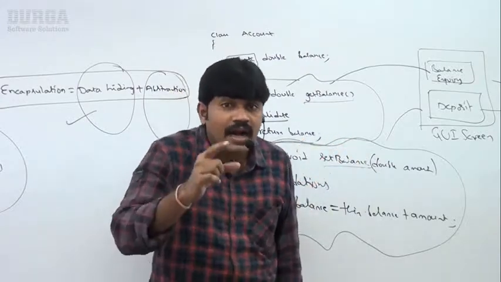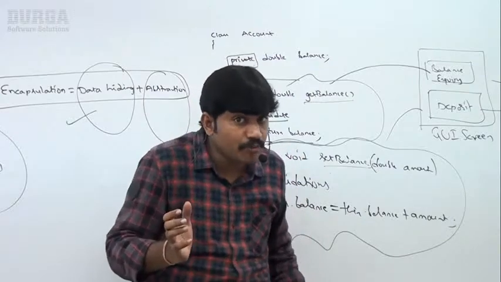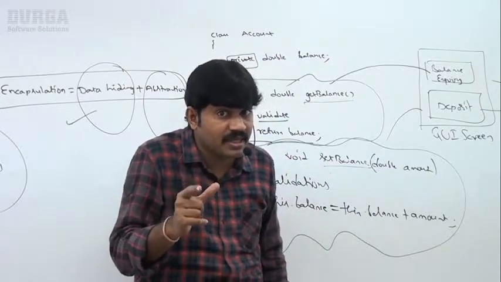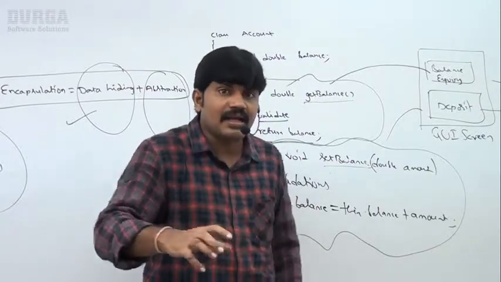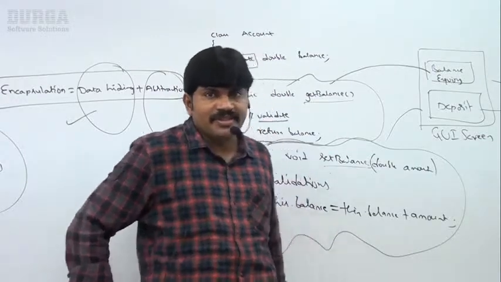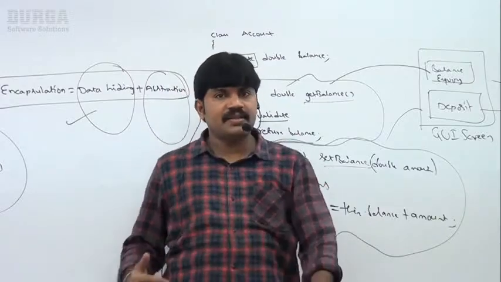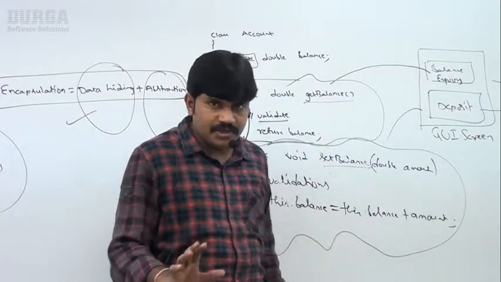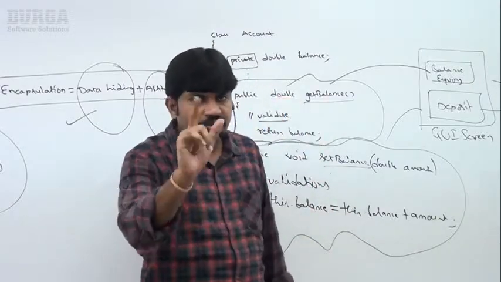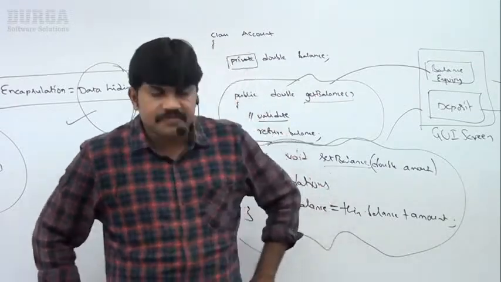That's why it is hiding data behind methods. Can you please observe my statement very carefully? Hiding data behind methods is the concept of encapsulation. Remember this. Now there are two important conclusions here.